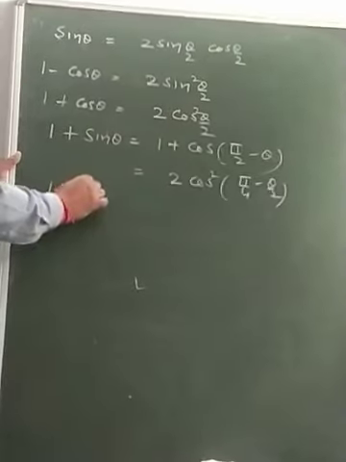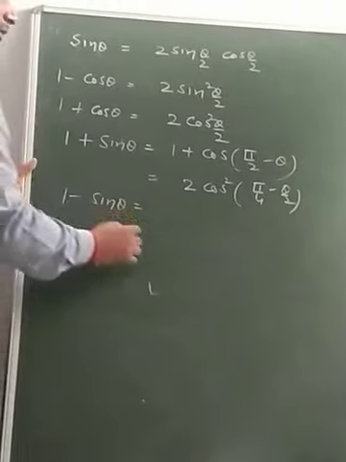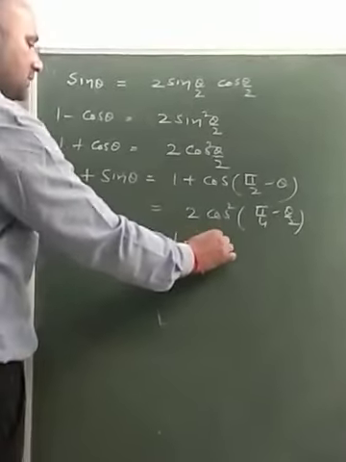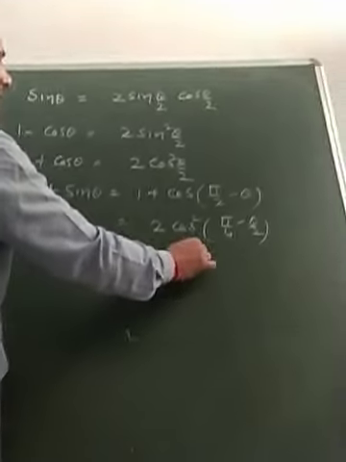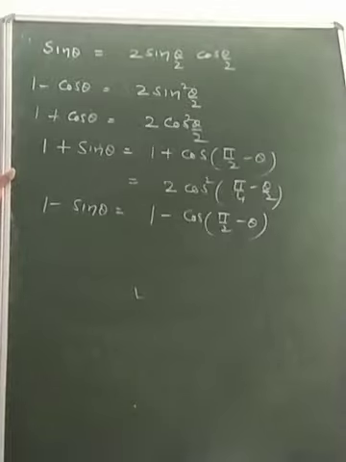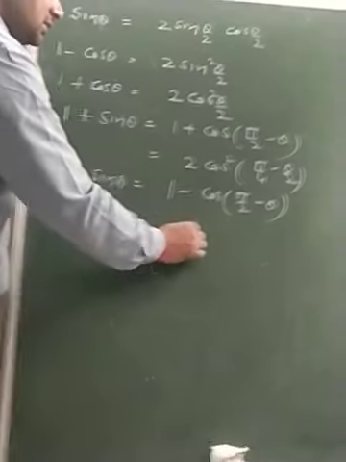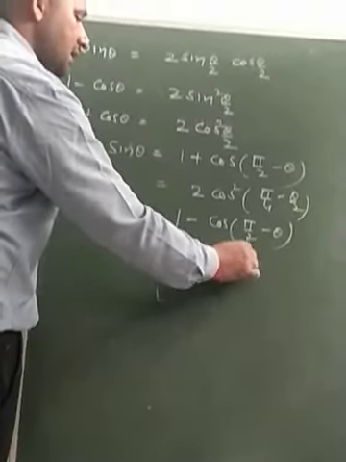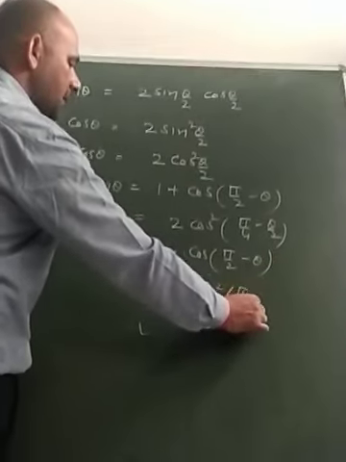Similarly, if we have 1 minus sin theta, we will write sin as cos of pi by 2 minus theta. And 1 minus cos theta is 2 sin square theta by 2.